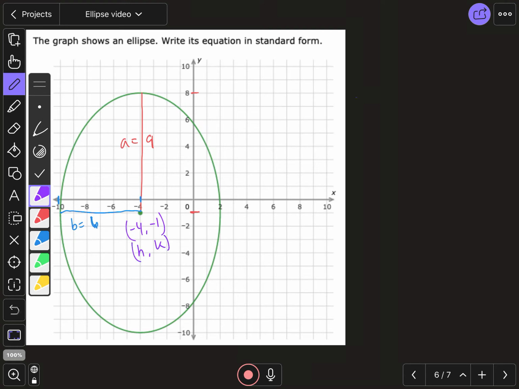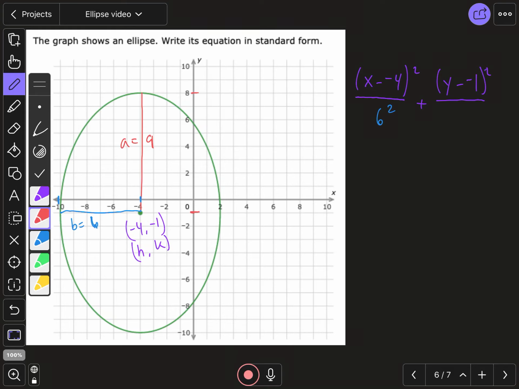So we start off with the fraction, parenthesis, x minus -4, since that's my h value, squared. And then my b value is 6, where the horizontal component is 6, so that's going to go there and be squared. Always plus, fraction, y minus -1, since that's k, squared.